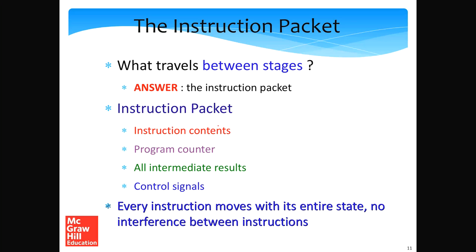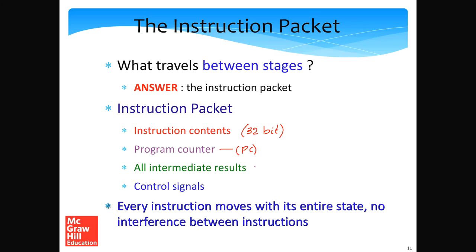So what is it that travels between the stages? We have already answered this in the previous slide, that the instruction packet travels. So what exactly is the instruction packet? Well, the instruction travels, it's an instruction packet, but what exactly is in there? So we have the contents of the instruction, which means the instruction itself, right? It's 32-bit contents. Then the program counter that is associated with the particular instruction.